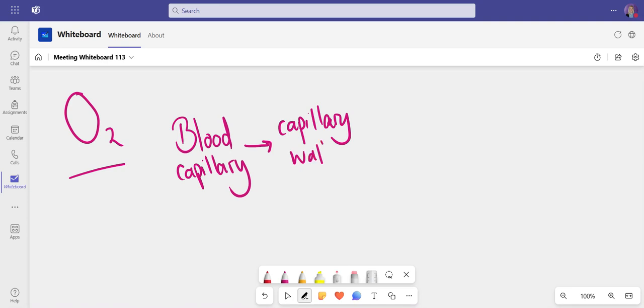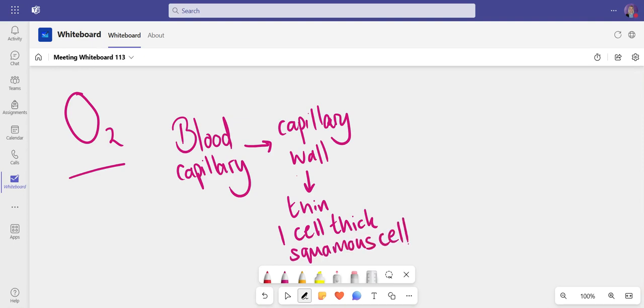Remember that the capillary wall is very thin, one cell thick, and remember that those cells are not even normal cells, they're squamous cells. Remember, squamous cells means flattened cells like this. So it's a really short diffusion pathway.